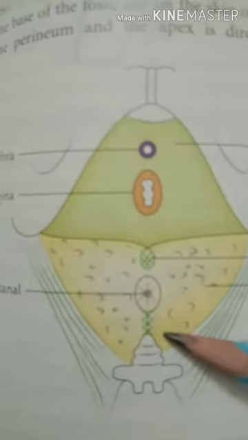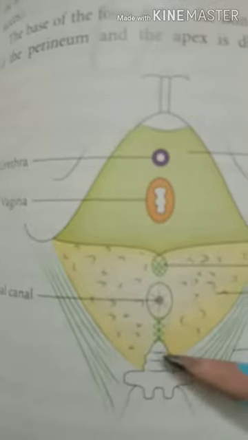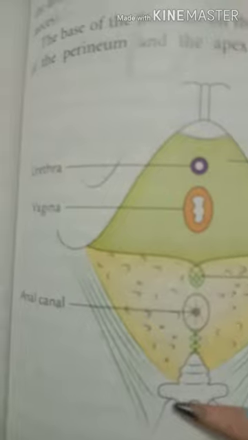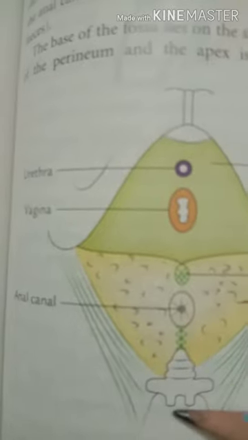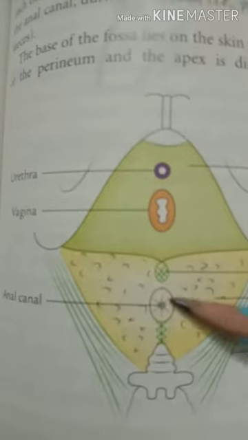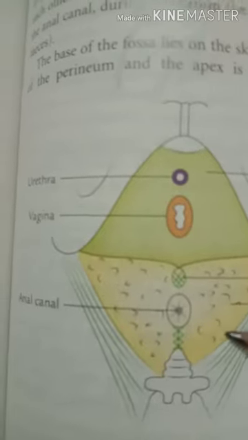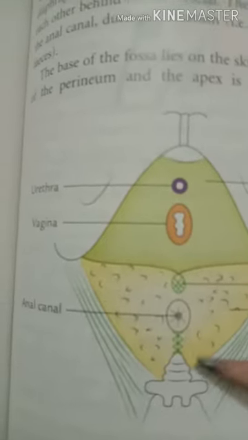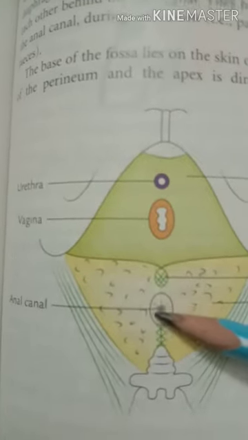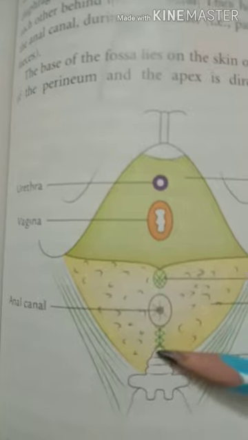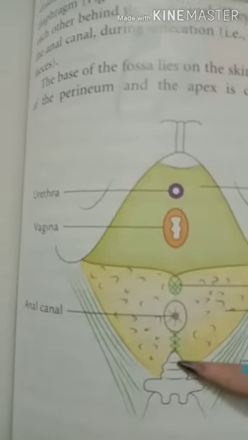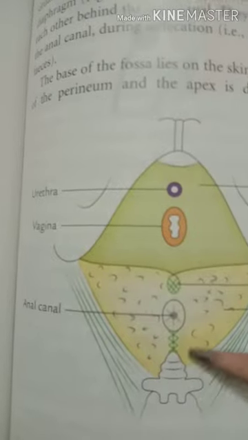The anococcygeal ligament is a fibrofatty mass with muscle fibers derived from the levator ani and external anal sphincter. It extends from the anus to the tip of the coccyx. Here is the anus, the opening of the anal canal, and that is the tip of the coccyx. So this small ligament-like structure is called the anococcygeal ligament.